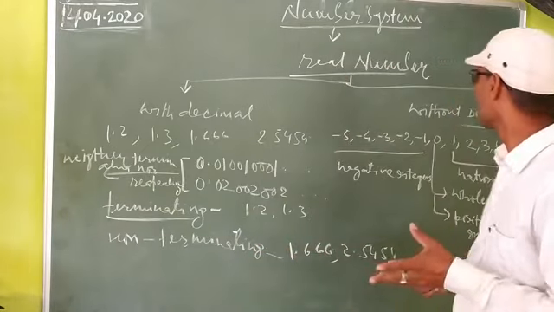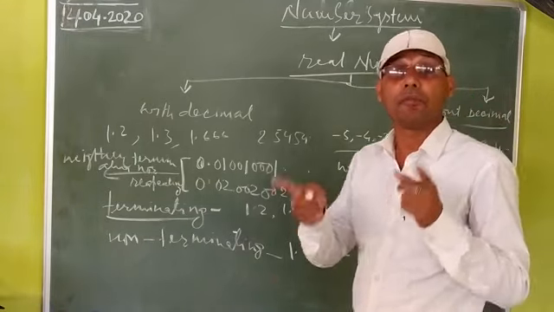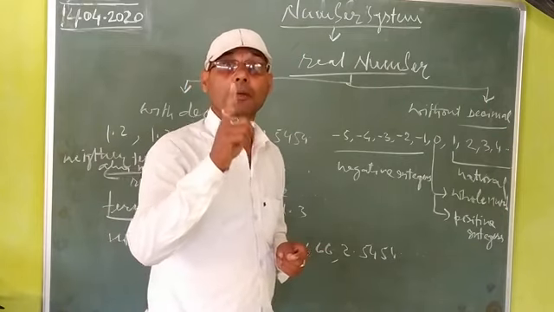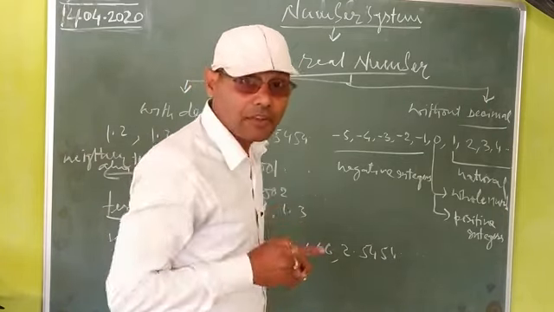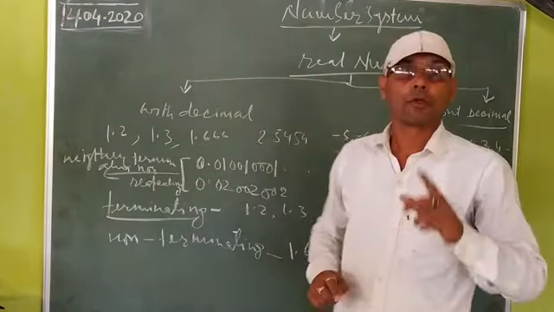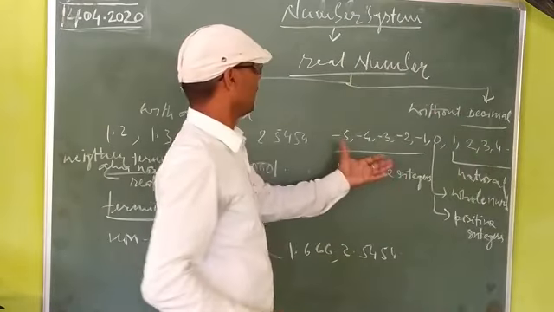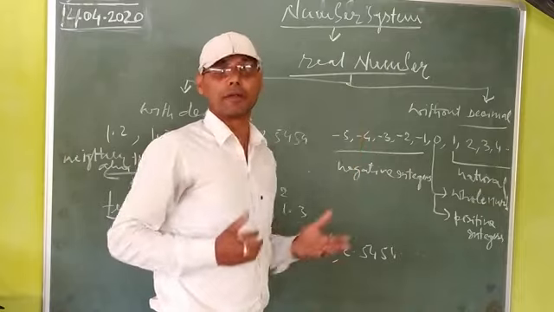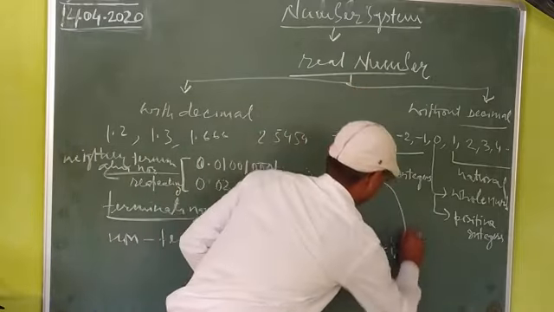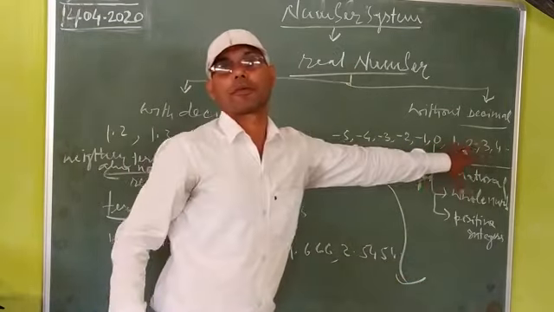Rational number, you know the definition very well. A number which can be written in the form of P by Q, where P and Q are integers and Q is not equal to 0. My dear, Q is not equal to 0. Suppose that here are all integers, we can write them as rational numbers. Say how? Yes. These all are integers.